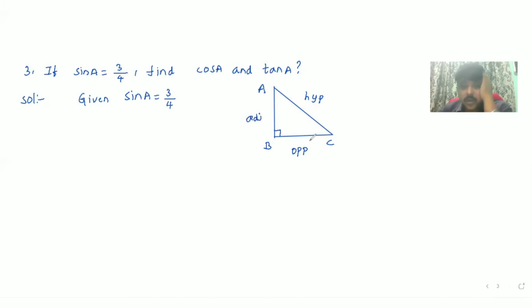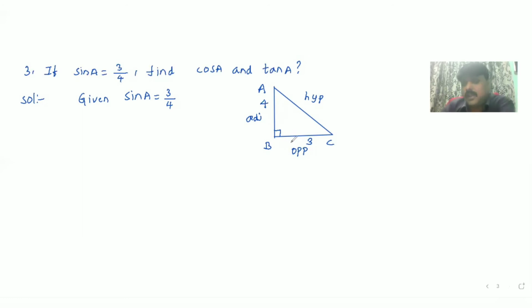Now he has given the opposite in terms of ratios, but we can take the values directly as we are going to find the ratios only, because cos and tan are also ratios.